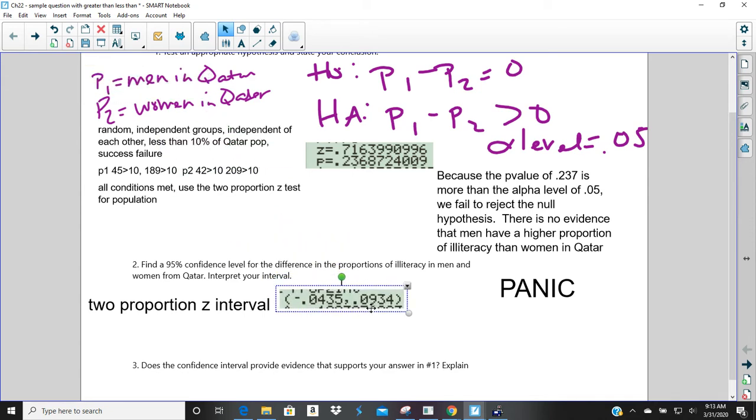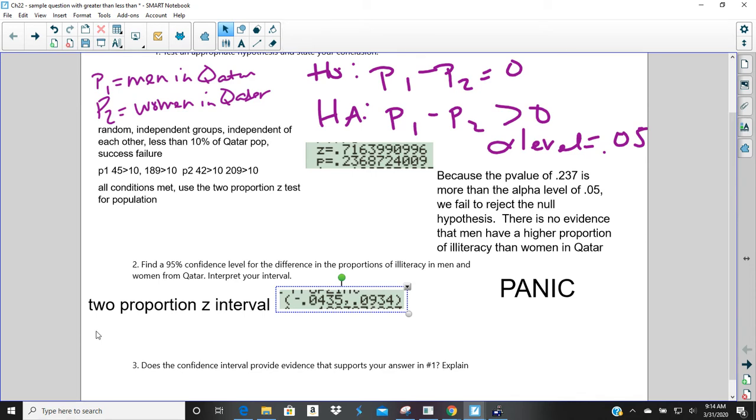So this interval, going from negative 0.045, or 0.044, sorry, to 0.093, is saying that it could actually swing the other way, that women could actually be more illiterate. The difference could be 4.3% on the women's side, or 9.3% on the men's side.